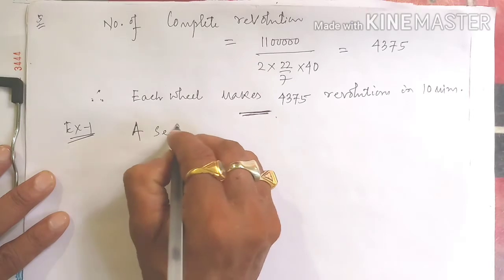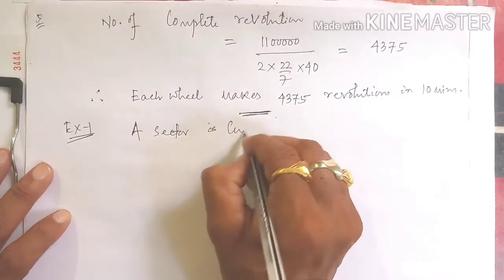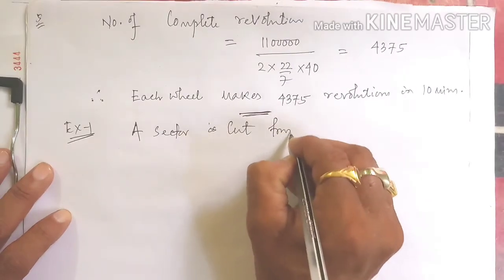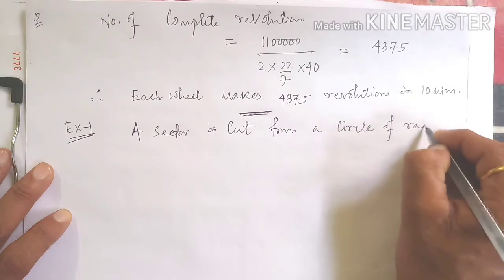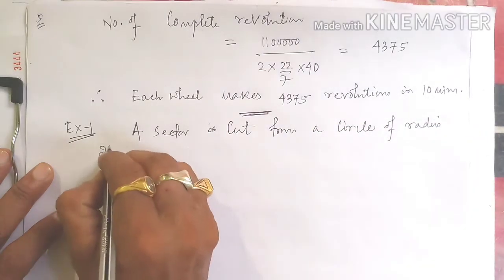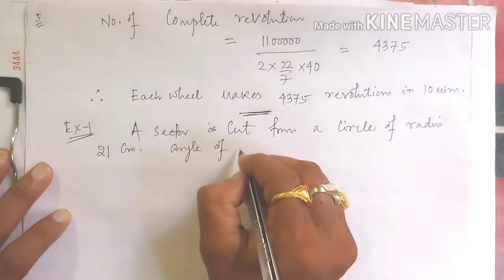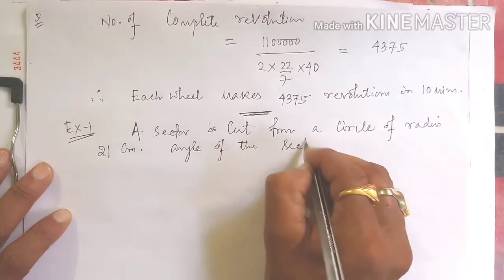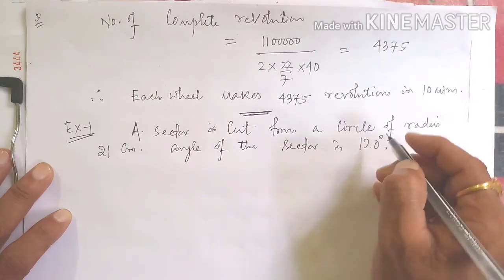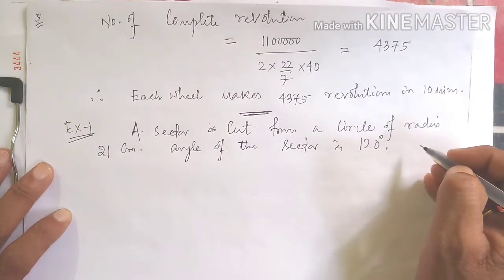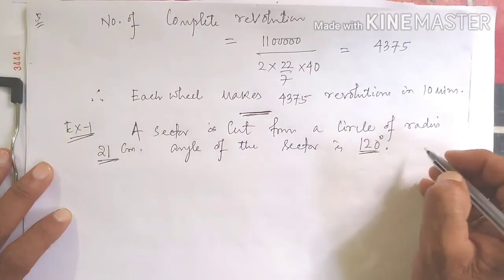A sector is cut from a circle of radius 21 centimeter. Angle of the sector is 120 degree.